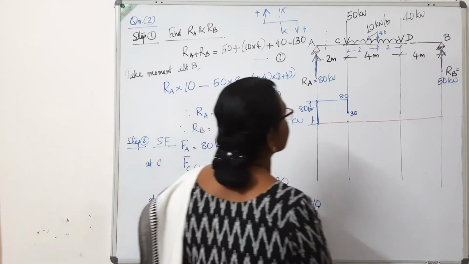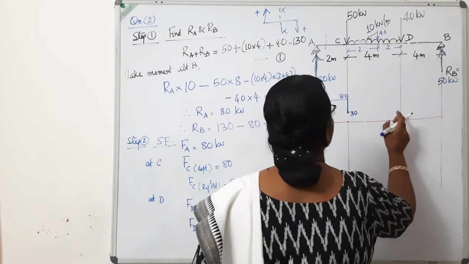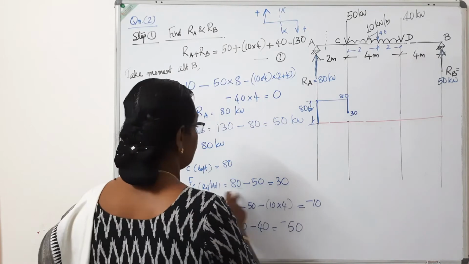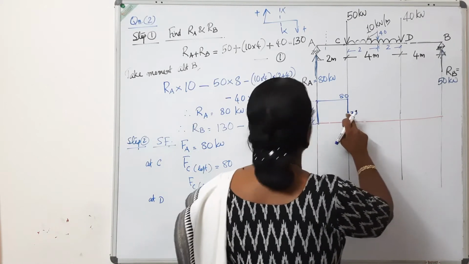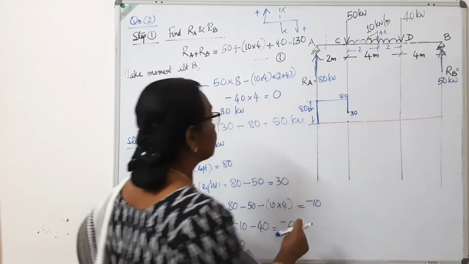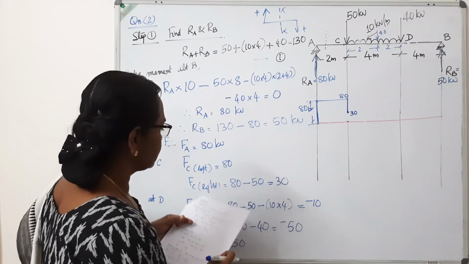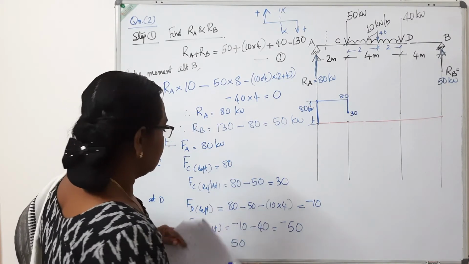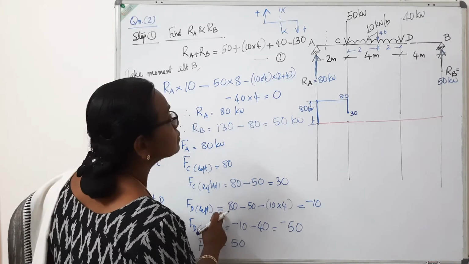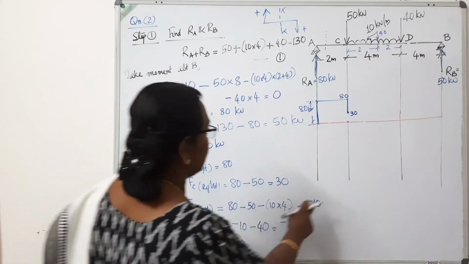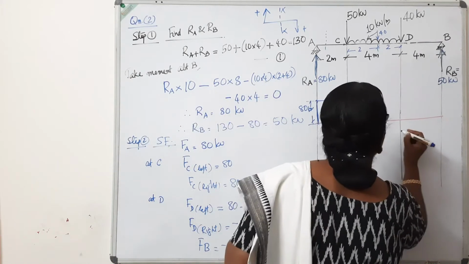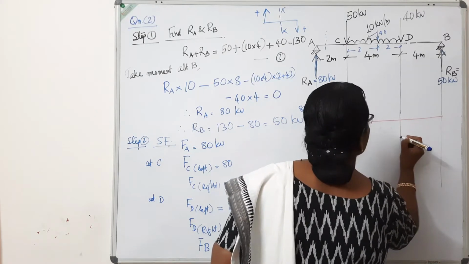FD left is minus 10. FC right 30 we have marked. Then FD left is minus 10. So at this point you have to mark 10 below the line.